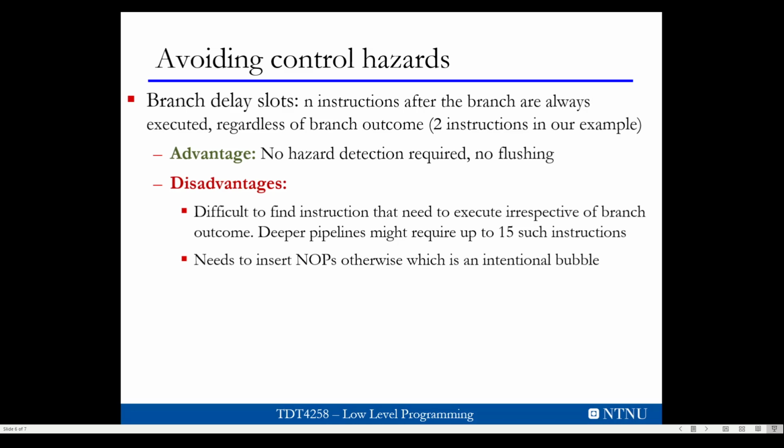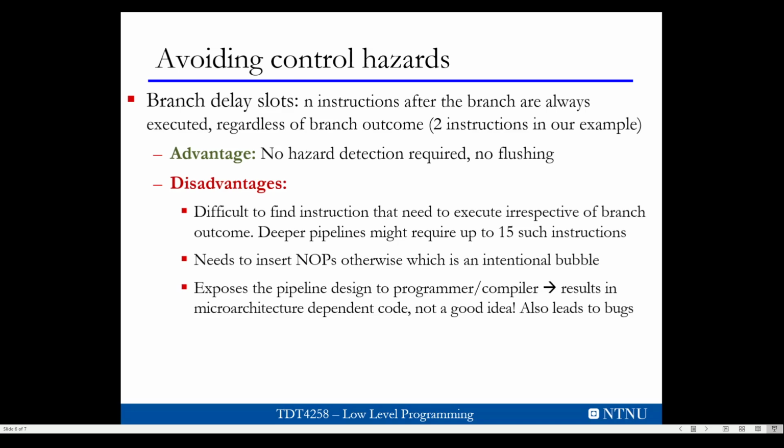Also, if you cannot find such instructions, you need to put no operations there. And a no operation means you are intentionally inserting a bubble in the pipeline and degrading your performance. Another disadvantage of this approach, branch delay slots, is that you are exposing your microarchitecture design to the programmer or compiler, because it's the programmer or the compiler that needs to find these independent instructions.